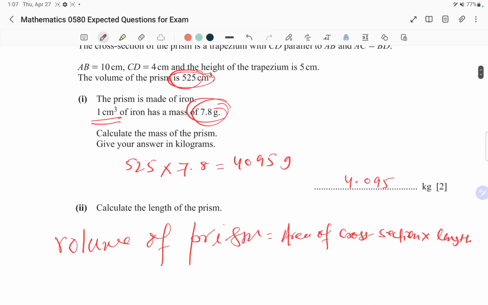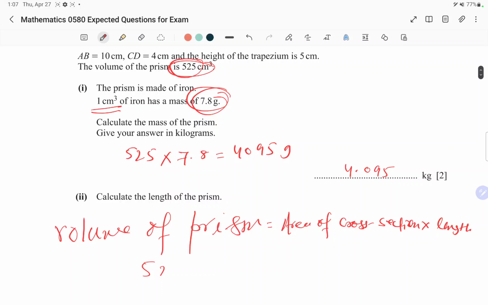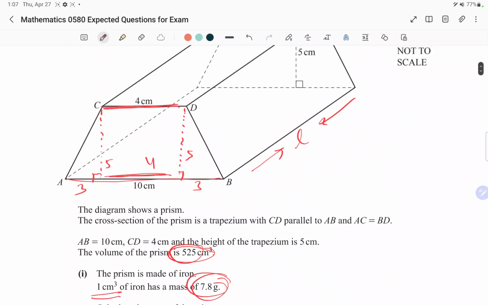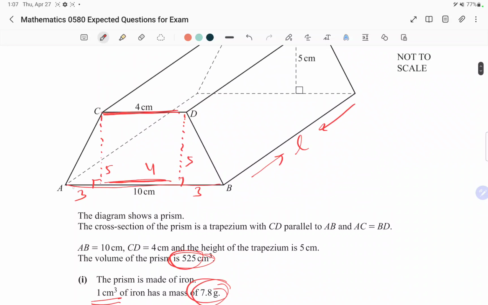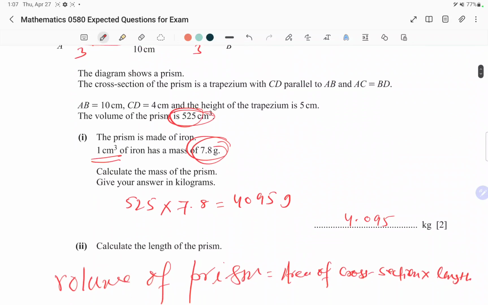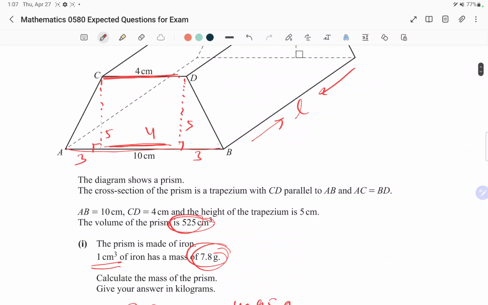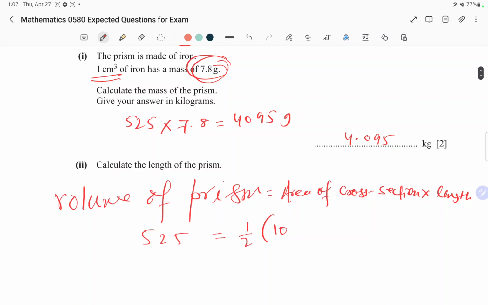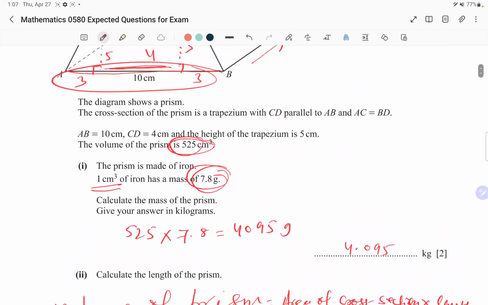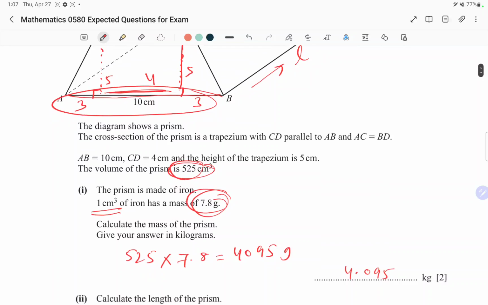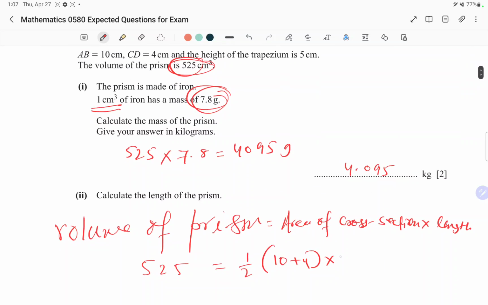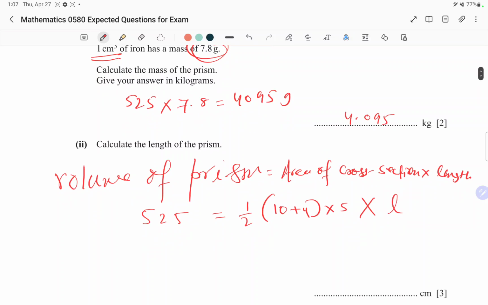Now volume of the prism is already given to us, 525 centimeter cube, and for the area of cross section, this time the cross section is a trapezium, so area of the trapezium is half times the sum of parallel sides. So this is 10 and this is 4, so 10 plus 4 times height is 5, okay, and then times length, which is L, which we don't know.